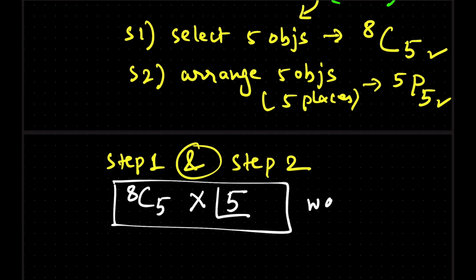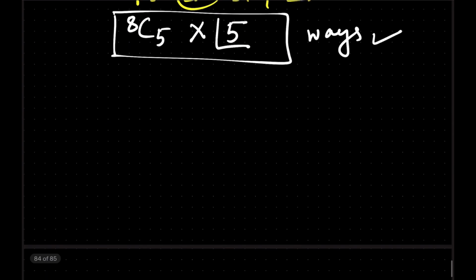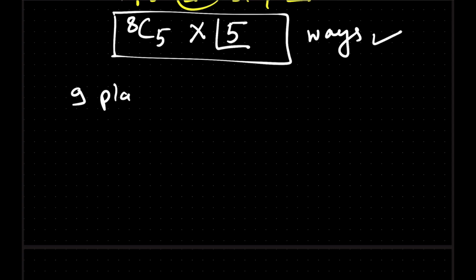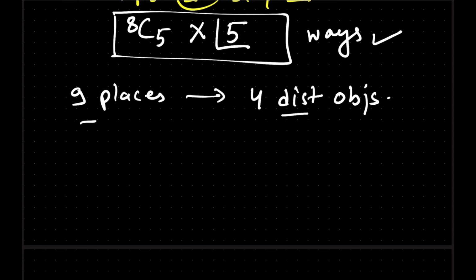Whenever suppose you have 9 places and 4 distinct objects, what is the number of ways of arranging these 4 objects in 9 distinct places?